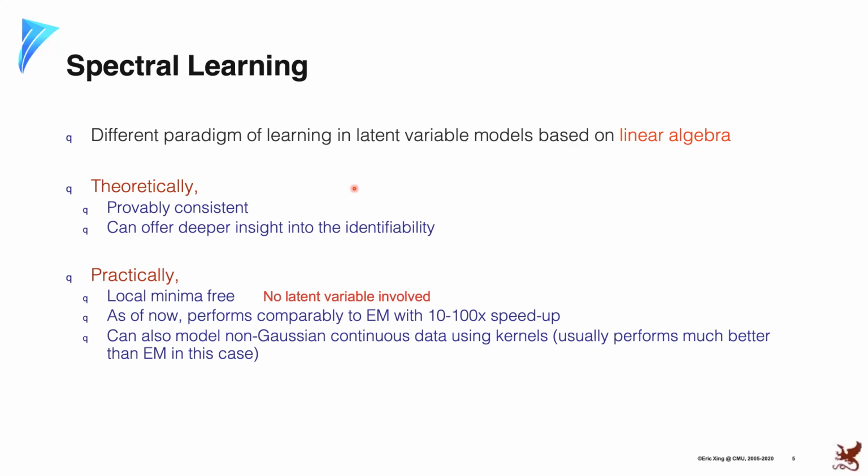And also it can model non-Gaussian continuous data using kernels, which usually performs much better than EM in this case. But in today's lecture, we're just looking at the example with discrete data, because that's more convenient for us to understand its mechanism.